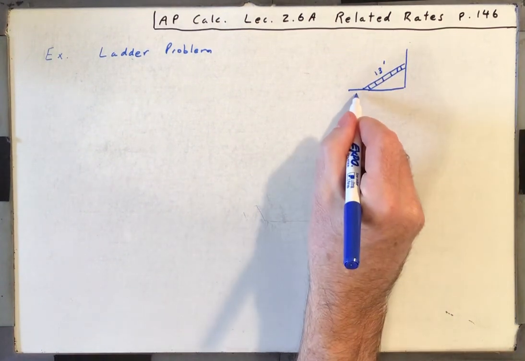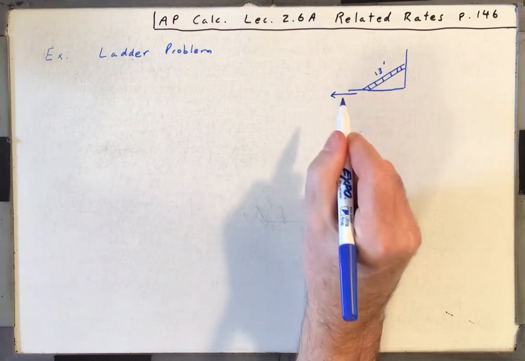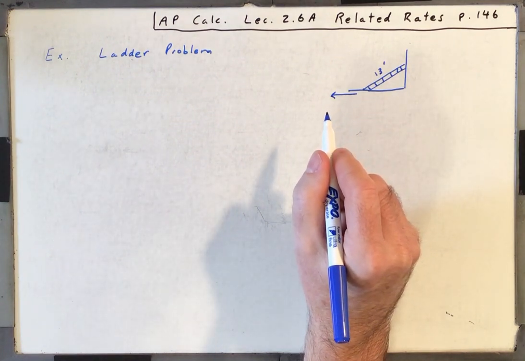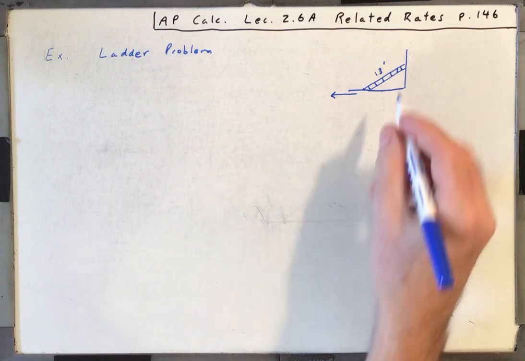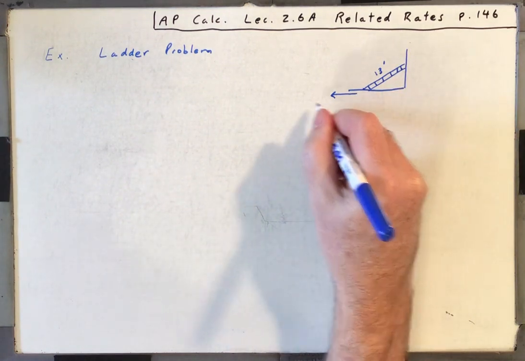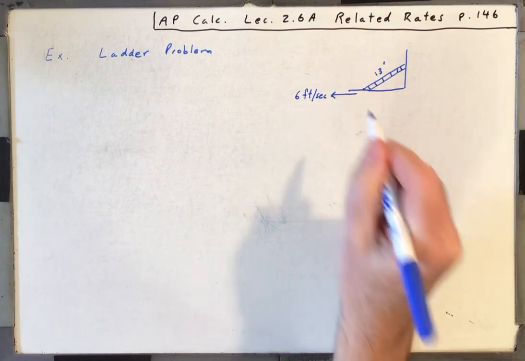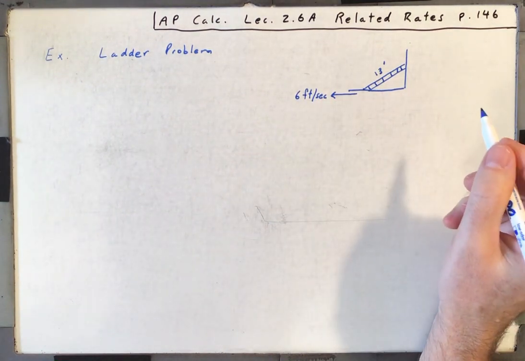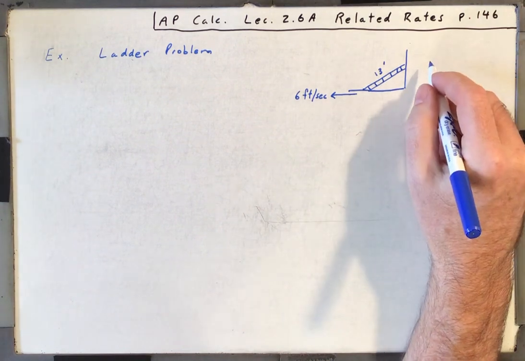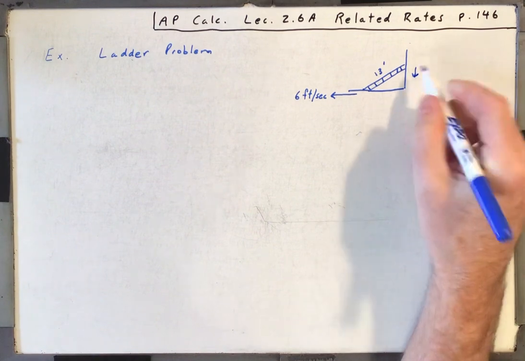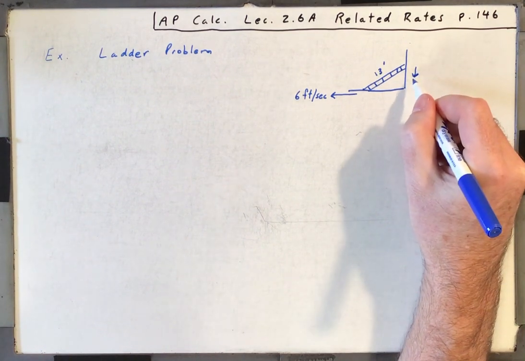We also know that the ladder is sliding, 6 feet per second. The way I've drawn it, it is to the left. And we want to know how fast the top of the ladder is going. So we want to know what this down arrow represents.